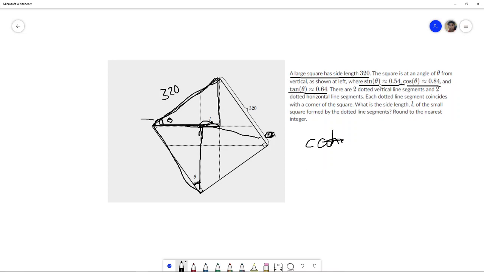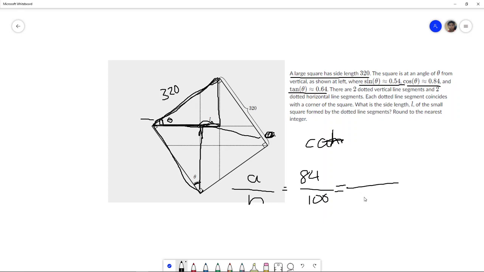We already know that cos theta is 0.84. So let's create a proportion: 84 over 100 equals adjacent over hypotenuse. We know 100 is the value, because 84 divided by 100 is 0.84.